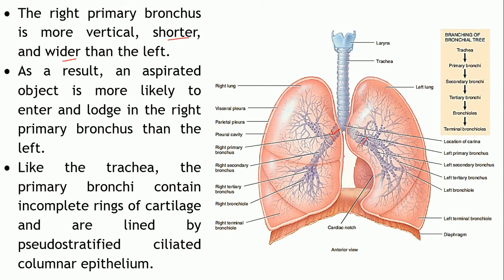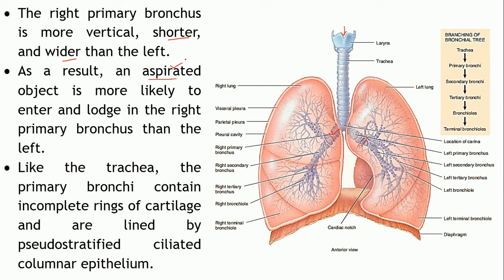As a result of this, if any object is aspirated into the respiratory tract, aspiration means any particulate matter accidentally entering the respiratory tract instead of going into the esophagus, that phenomenon is known as aspiration.